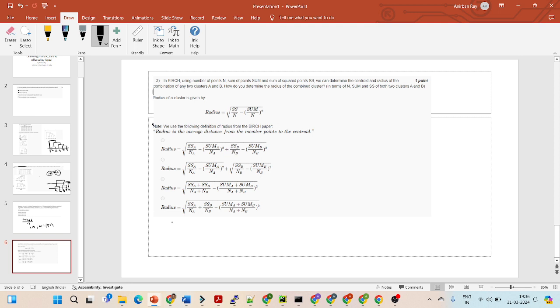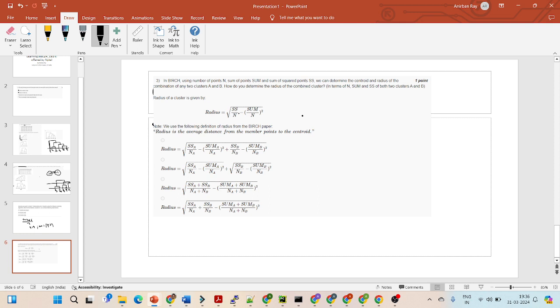As you can understand, the new sum will be the total sum, and the new squared sum will be the sum of all the squared sums, meaning the squares of all the points are added here, and the sum is also added like that. You can compare with the formula actually.